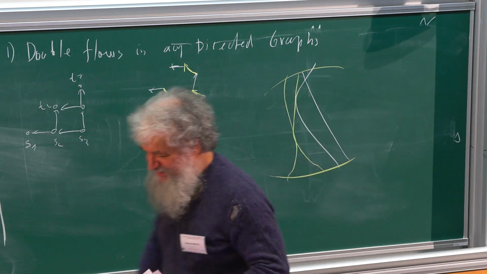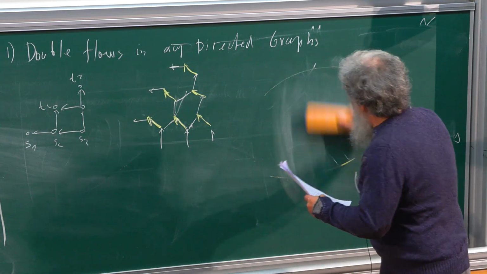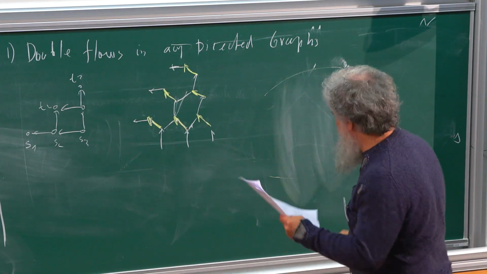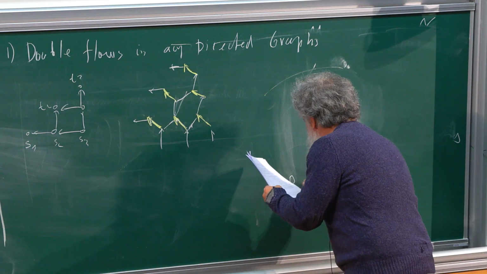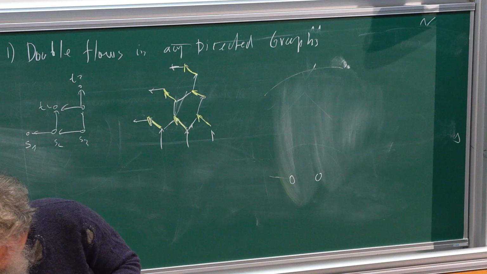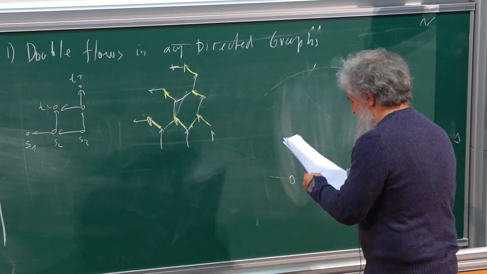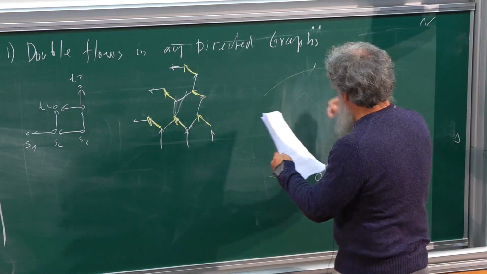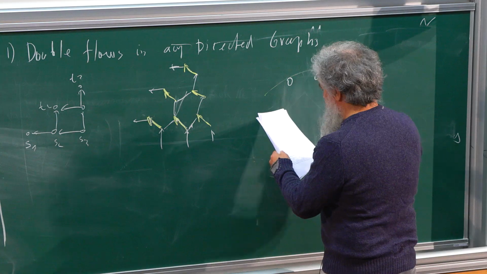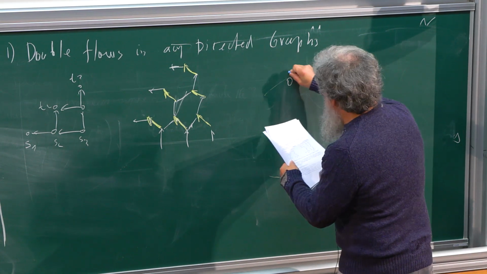Sorry, I can use some color. I will make a new picture. So we have white, thank you, black. And then here we have white, and this would also be black.